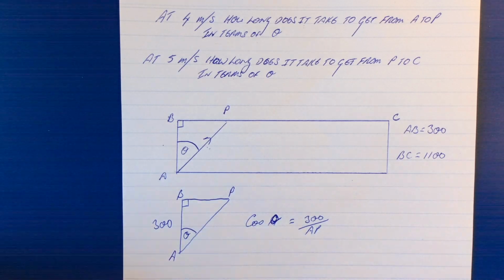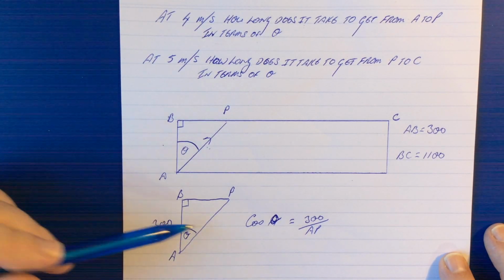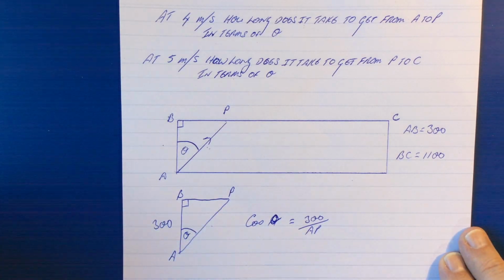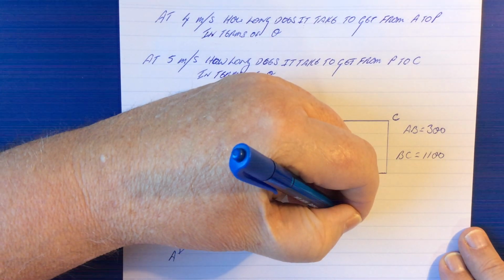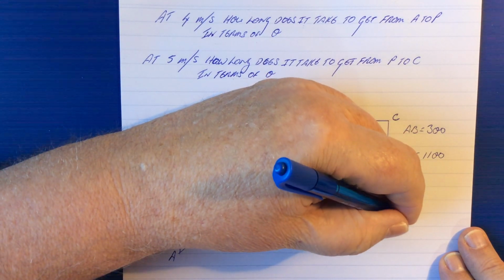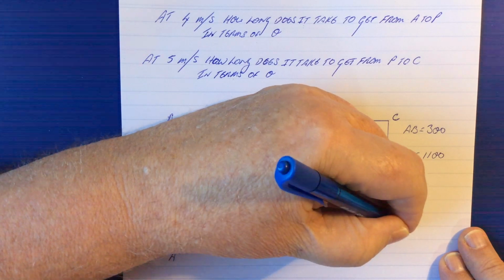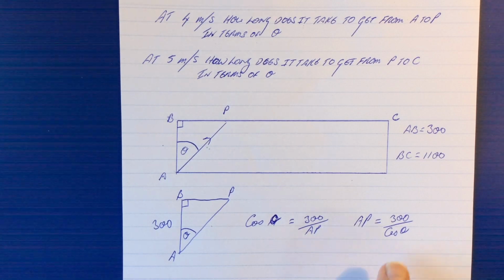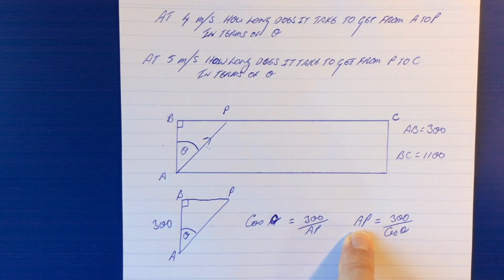Right, so we know that the cosine of theta is equal to the adjacent over the hypotenuse, which is 300 over AP. We rearrange that very slightly, and we get AP is equal to 300 over the cosine of theta. Now, that's the length of this. We know that this length is completed at the rate of 4 meters a second.